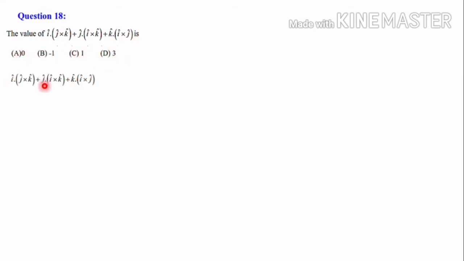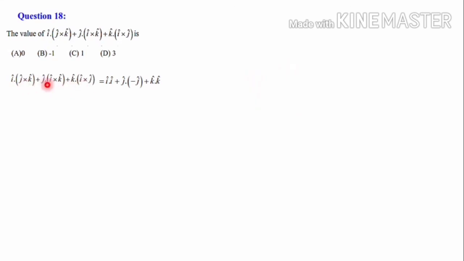The given statement is equal to i cap dot, we have already learned j cap cross k cap. J cap cross k cap is i cap, and we have drawn a circle and marked i, j, k and we have learned this formula. So if you don't know, better to revise it.